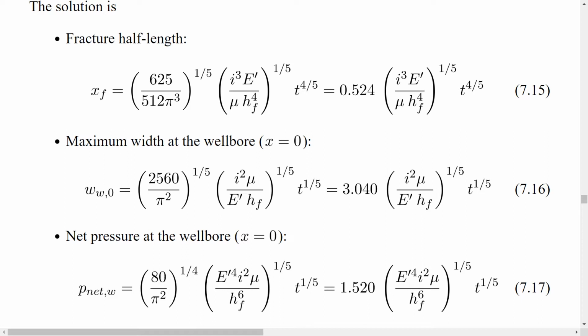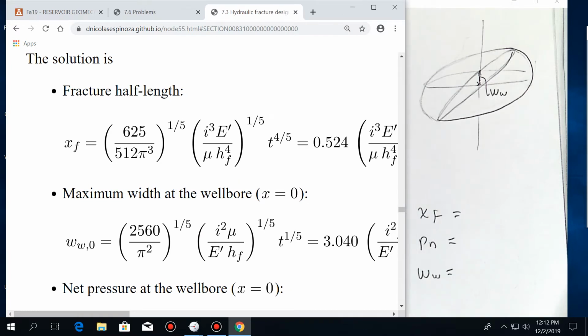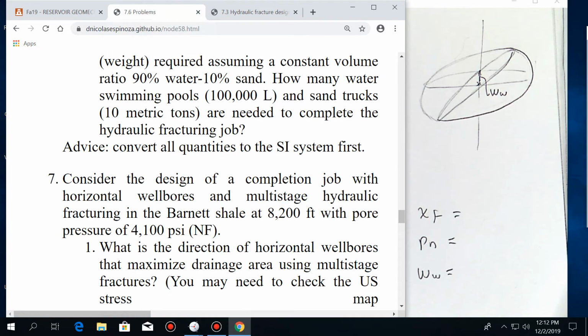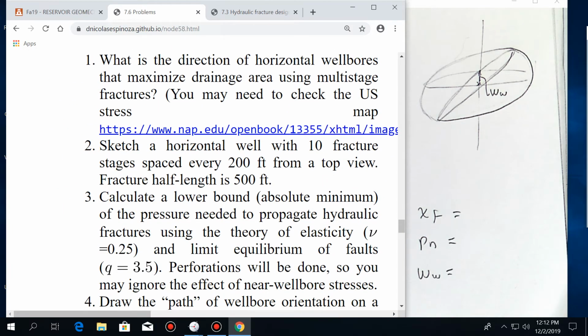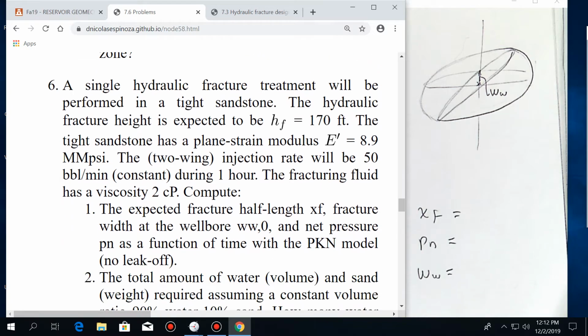So I recommend that you solve this problem with Excel, because it's very easy here sometimes to miss one of those powers. So just do it with Excel. Let me go to the problem. This is number 6.